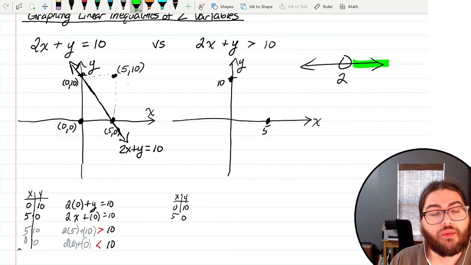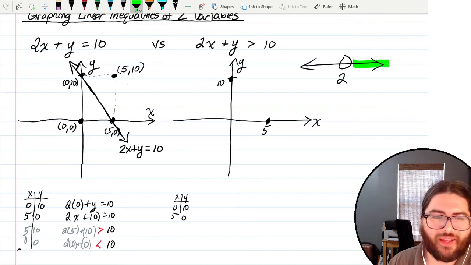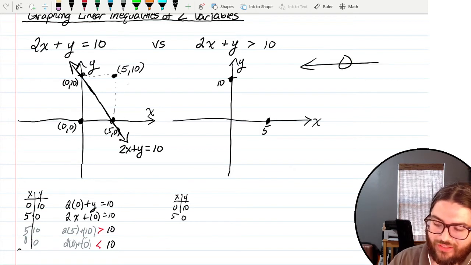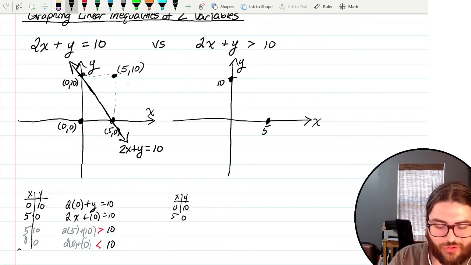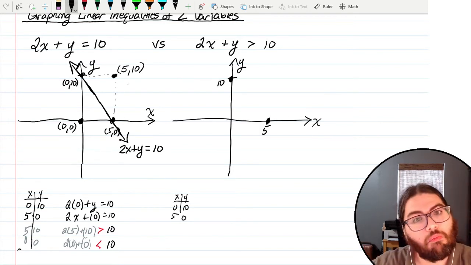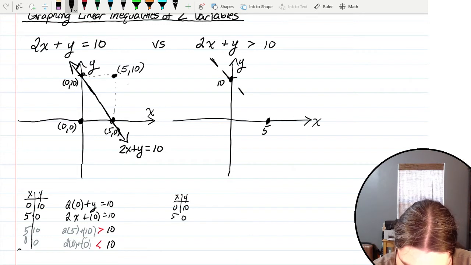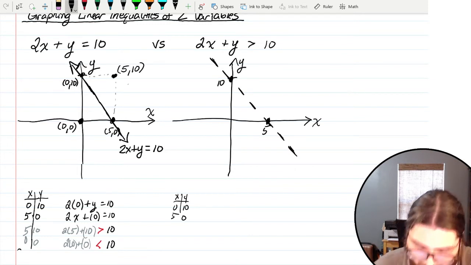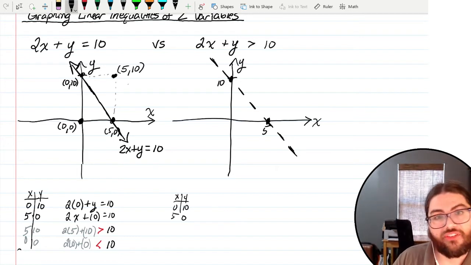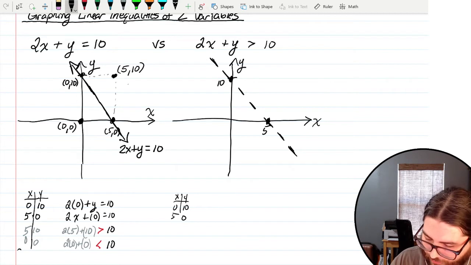I was marking that boundary. Even though I didn't want that boundary, I needed to mark the boundary. Same thing here in two variables. I need to mark this boundary. I will mark it with a dashed line. The dashed line is like the open circle of two variables.